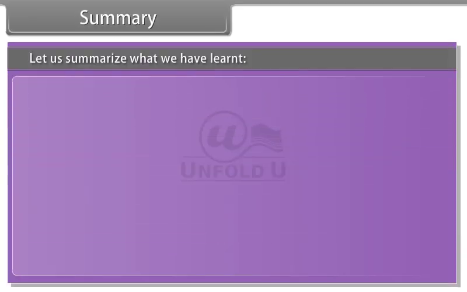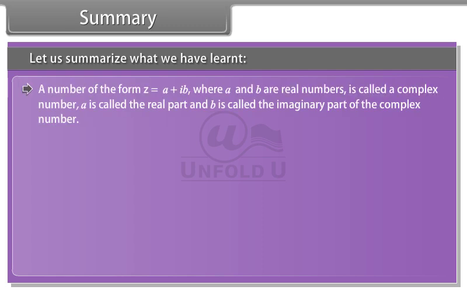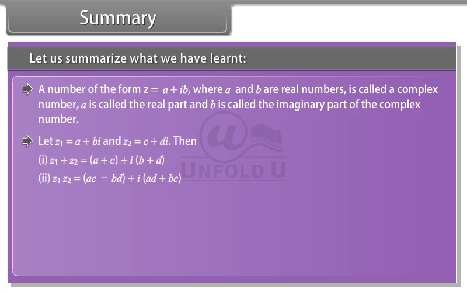Summary. Let us summarize what we have learned. A number of the form a plus b iota, where a and b are real numbers, is called a complex number. a is called real part and b is called the imaginary part of the complex number. Let z1 is equal to a plus b iota and z2 is equal to c plus d iota.